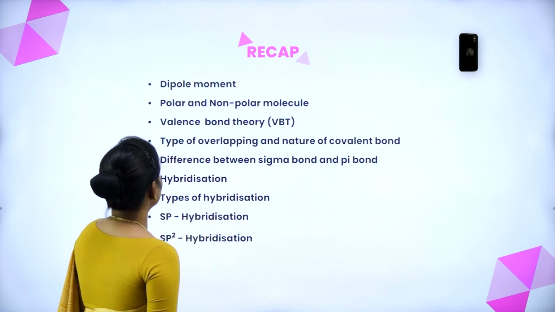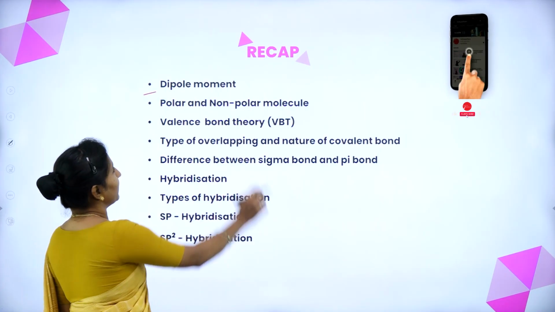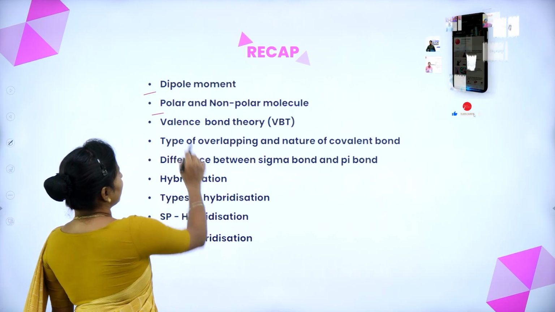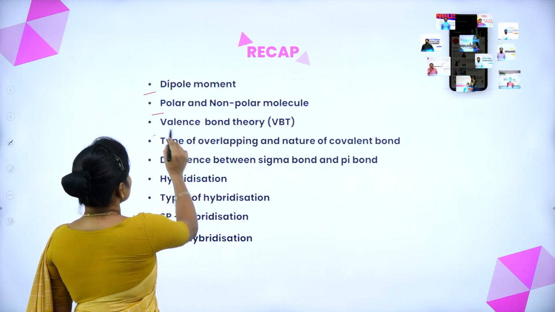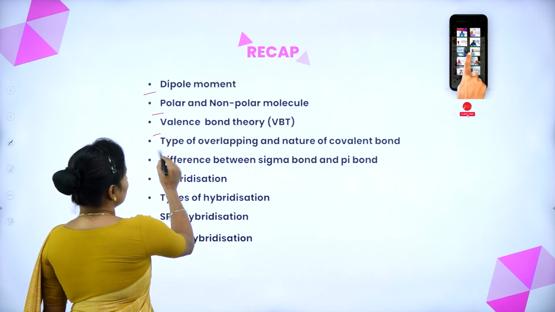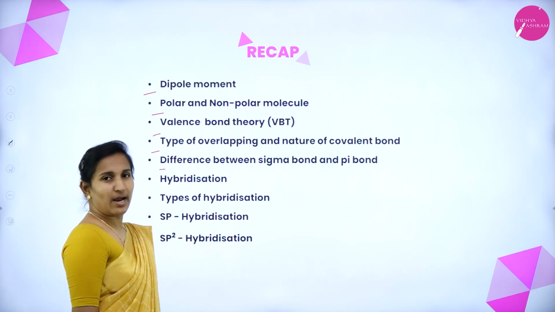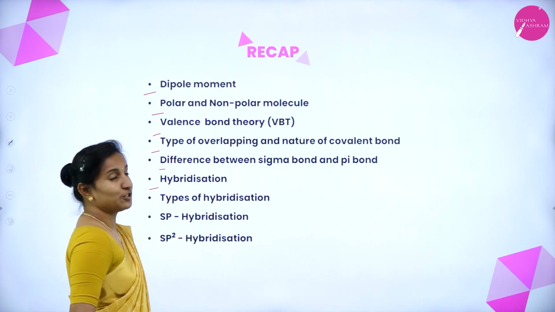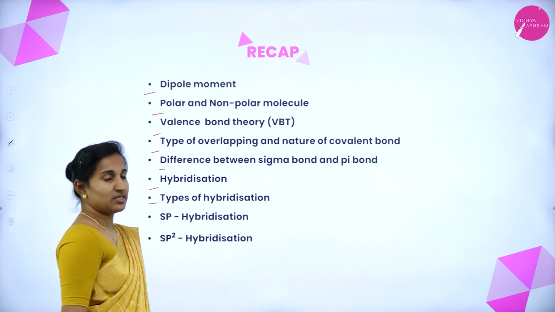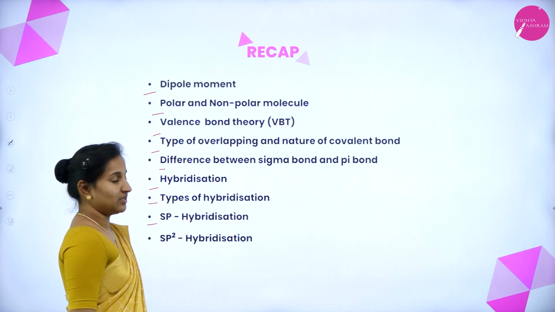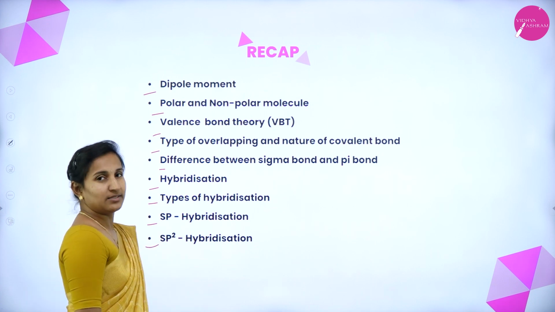In the previous session, we discussed dipole moment, polar and non-polar molecules, valence bond theory, types of overlapping and nature of covalent bond, difference between sigma and pi bond, hybridization, types of hybridization, sp hybridization, sp2 hybridization.